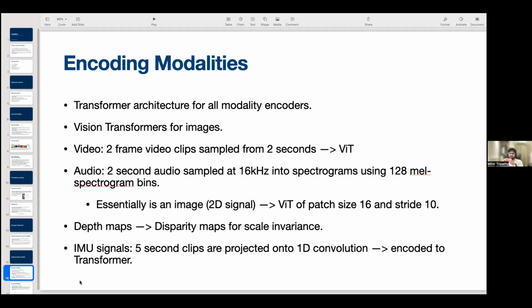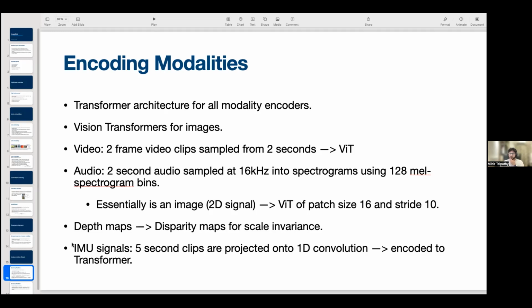A MEL spectrogram is essentially a 2D signal, which is basically an image, so you can just put that into ViT. The authors use a patch size of 16 and stride of 10. This is what they use to achieve the state of the art.